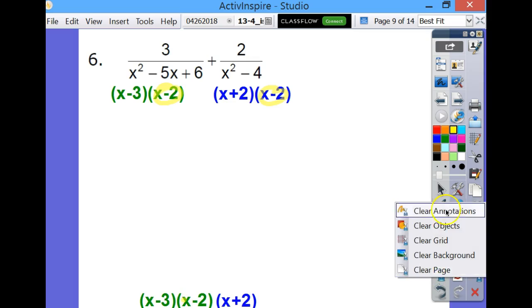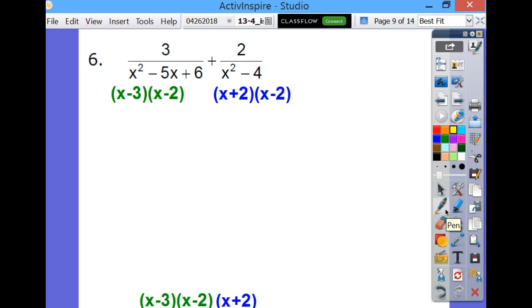Now that I have my common denominator, then I need to find my new numerator. I have a 3, x minus 3, x minus 2. What does this denominator have that that denominator is missing?